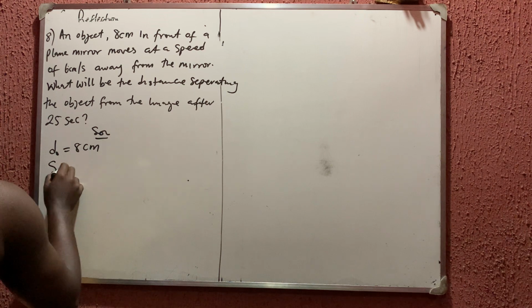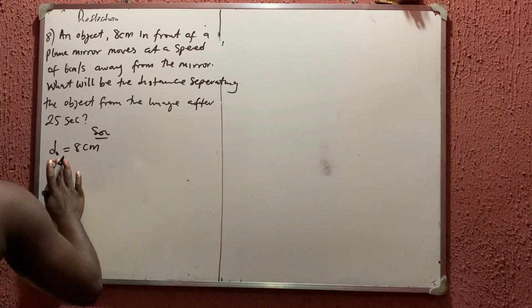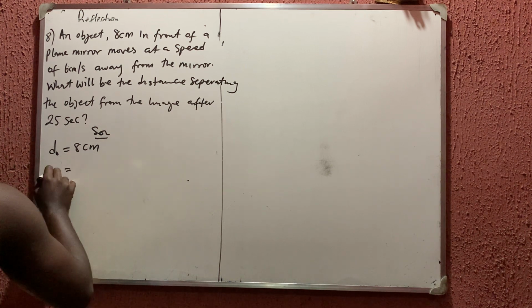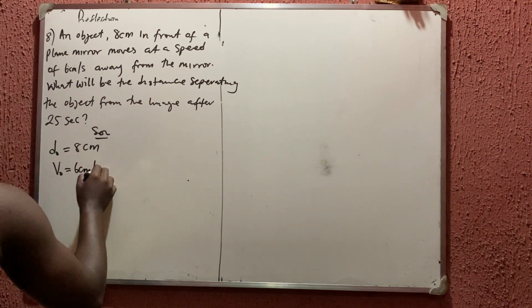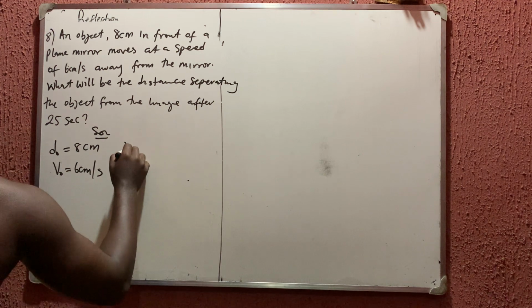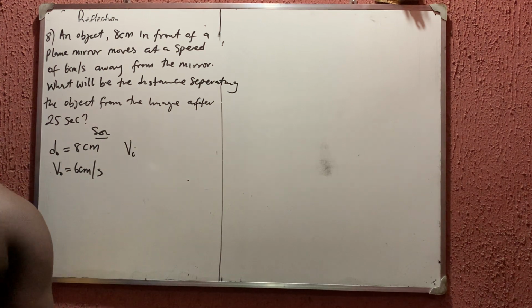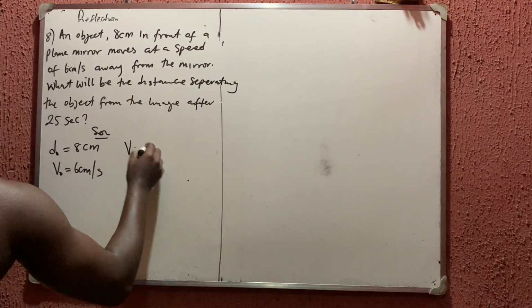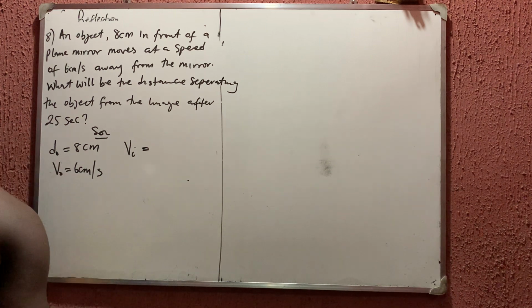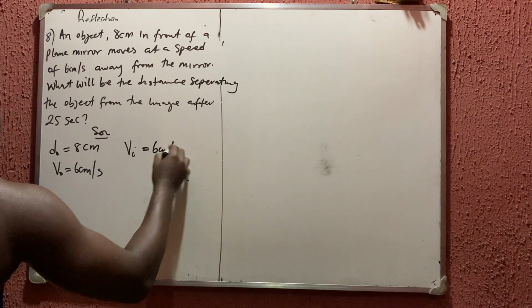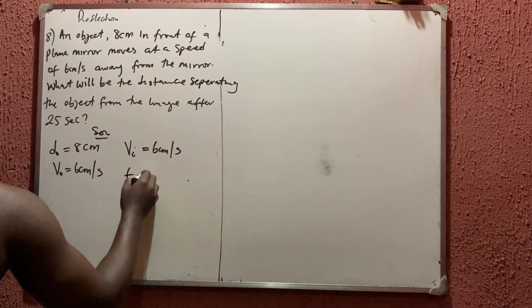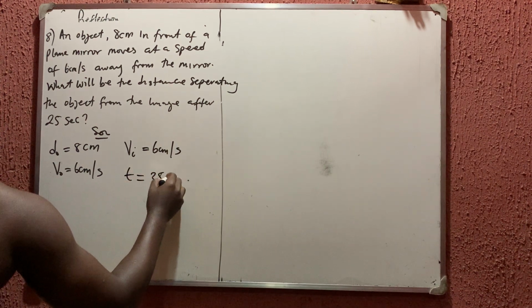The speed of the object, v of the object, is equal to 6 cm per second. The same thing goes for the speed of the image. The speed of the image is going to be the same, 6 cm per second. Then the time is 25 seconds.